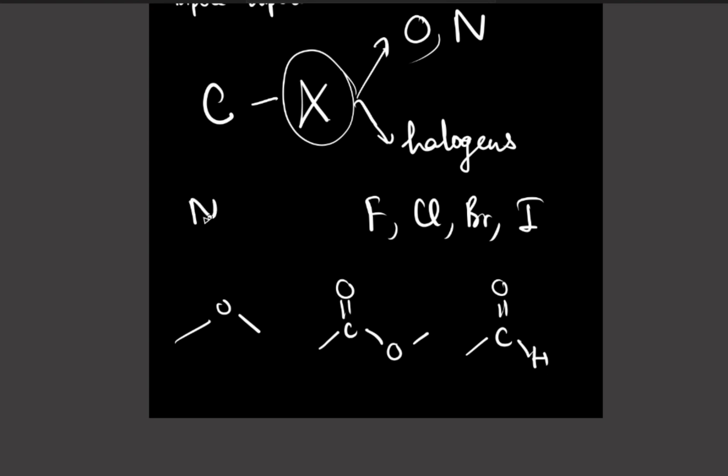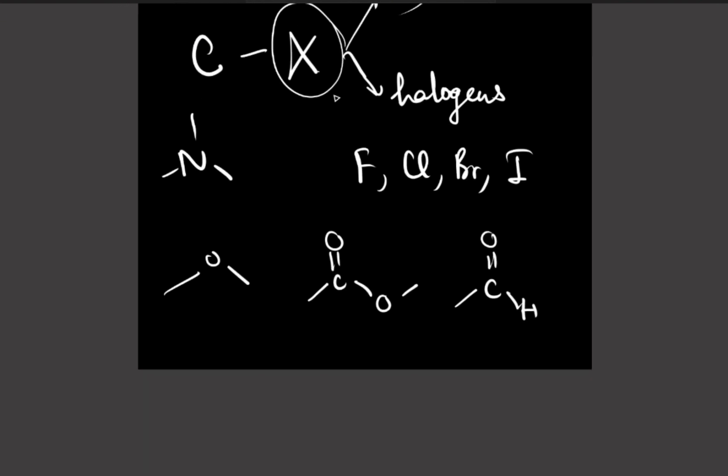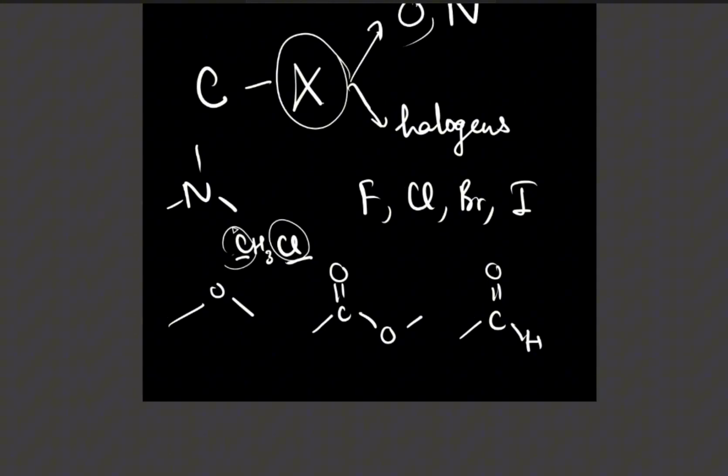And even in the amine group, this is the bond between carbon and nitrogen. And moreover, we can also see this in alkyl halides, where the carbon here is going to bond with halogens like this.